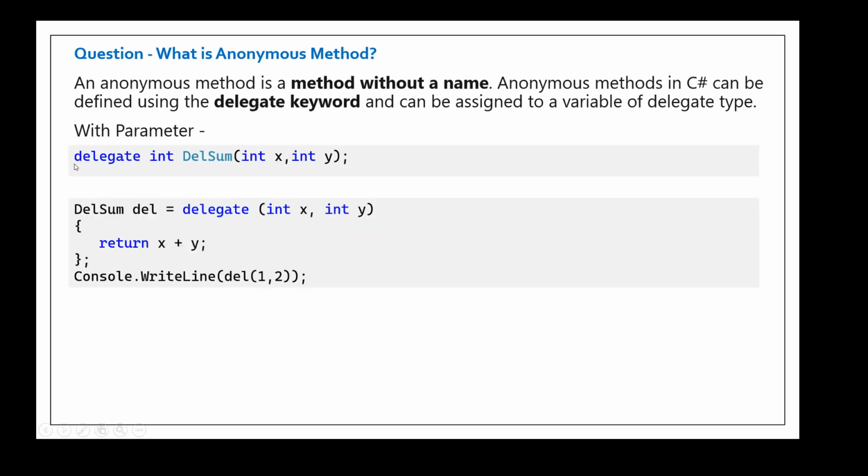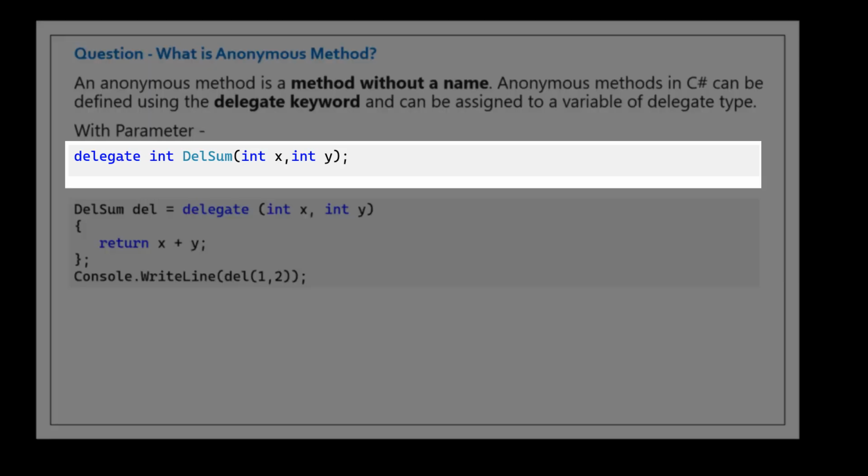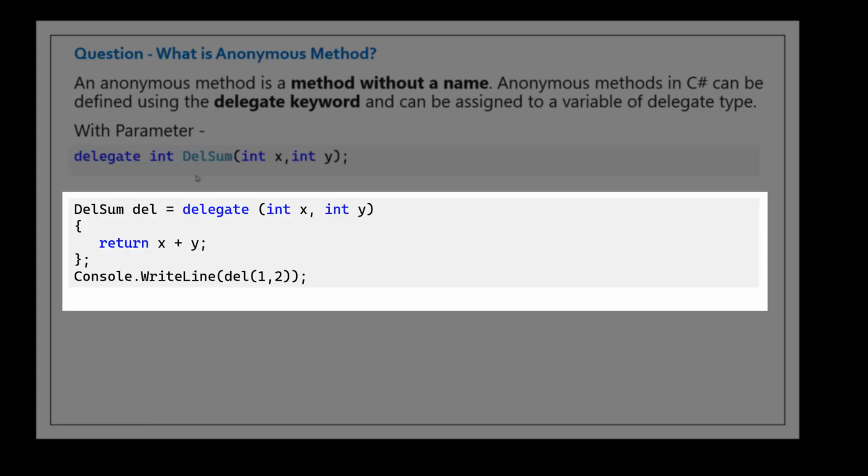We can declare anonymous method with parameters as well. Let's describe this by using one example. Here we are using del sum, which is taking int x and y as parameters. Usually we write a sum method and refer to that method in the del sum delegate. Instead of that, we can define anonymous method directly.